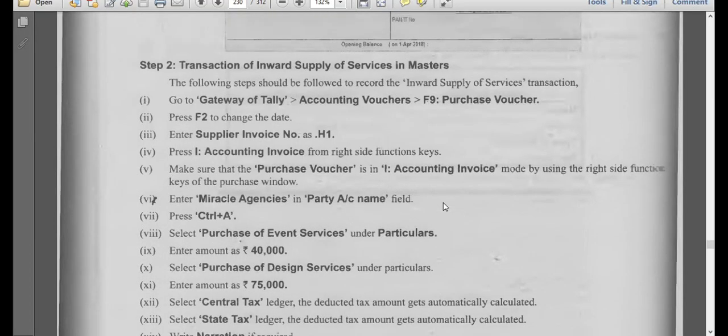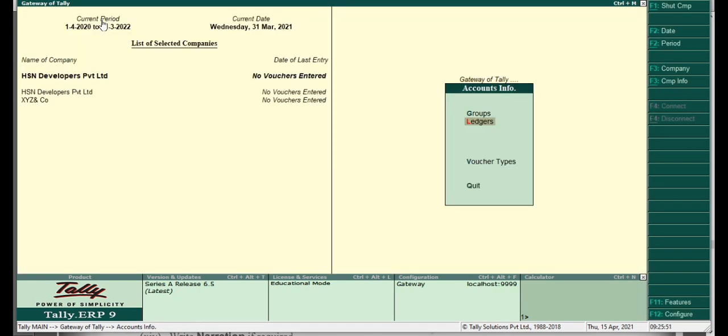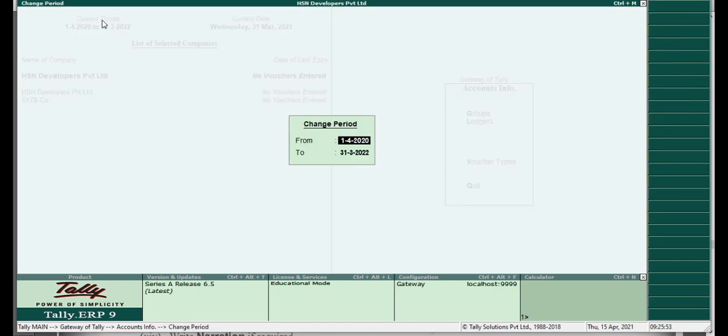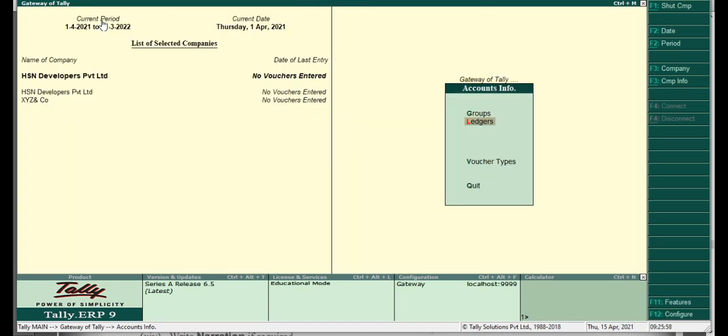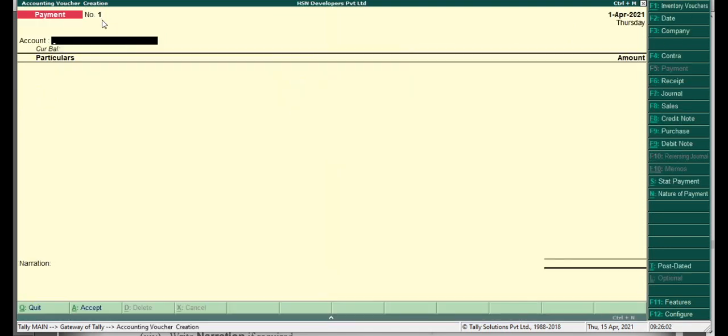Now we have to go to purchase vouchers and accounting. We have to enter that supplier invoice number H1. Before that we have to change the date here, 1/4/2021 to 31/3/2022. Under accounting vouchers, go to purchase.